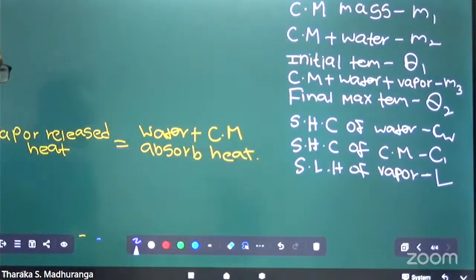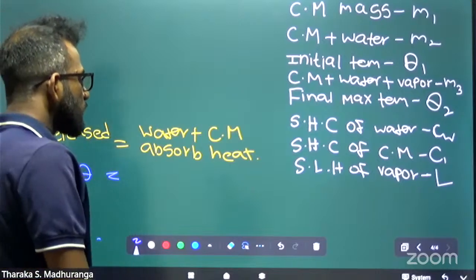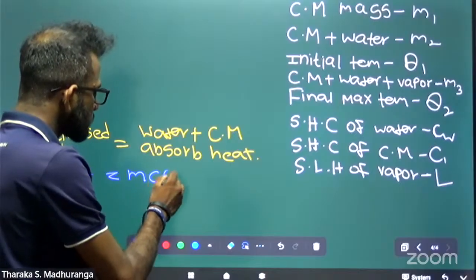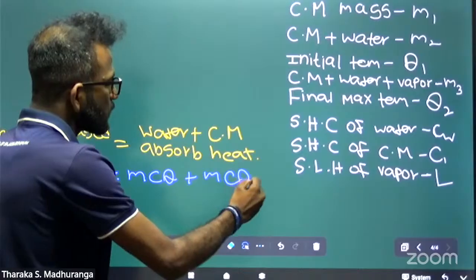Very simple, same as previous. Then vapor release heat is ml plus mc theta, water absorb heat is mc theta, plus calorimeter absorb heat mc theta.